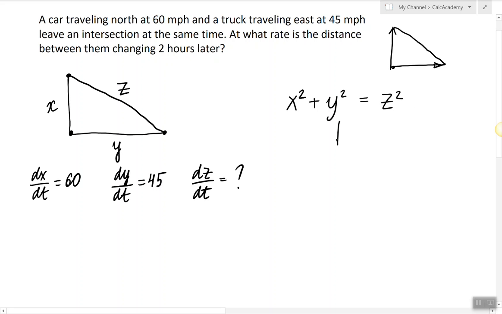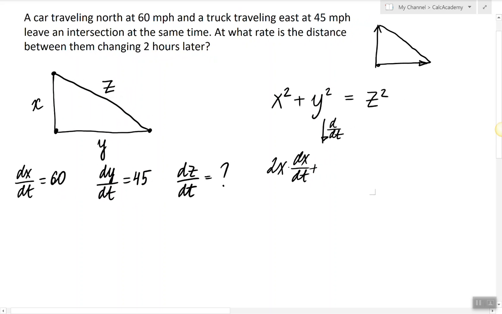Once we have the relation that relates the three quantities, then we can differentiate this with respect to time to obtain the relation for their rates of change. So differentiating it with respect to time will give us the following relation: 2x times dx/dt, because x is a function of time, so x squared is actually a composition of two functions, x and square.